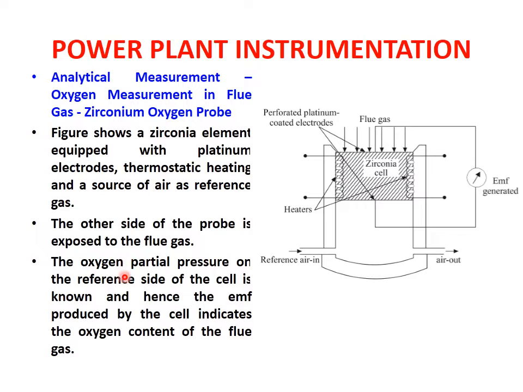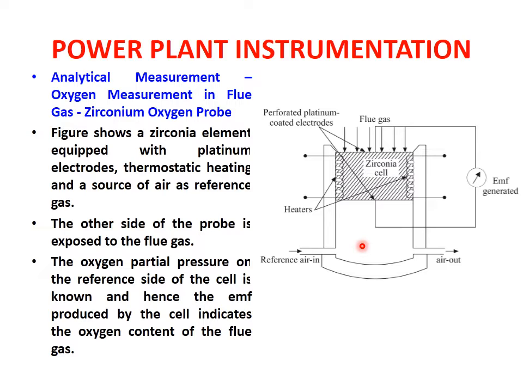As we have explained the working of this, the theory related to it is that the oxygen partial pressure on the reference side of the cell is known, and hence the EMF produced by the cell indicates the oxygen content of the flue gas.